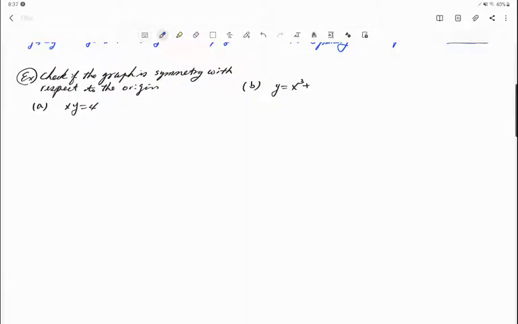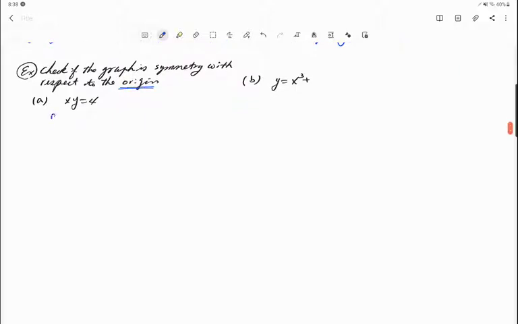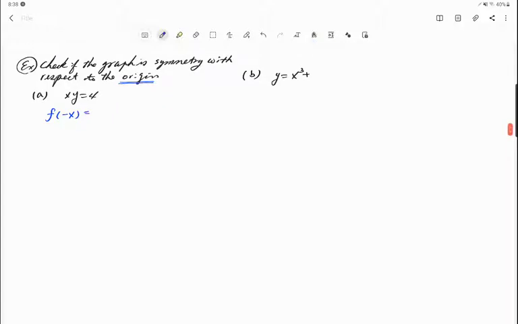Let's check if the graph of the following equation is symmetric with respect to the origin. To check symmetry with respect to the origin, we have to replace x with negative x, then check whether this is the same as negative f of x.